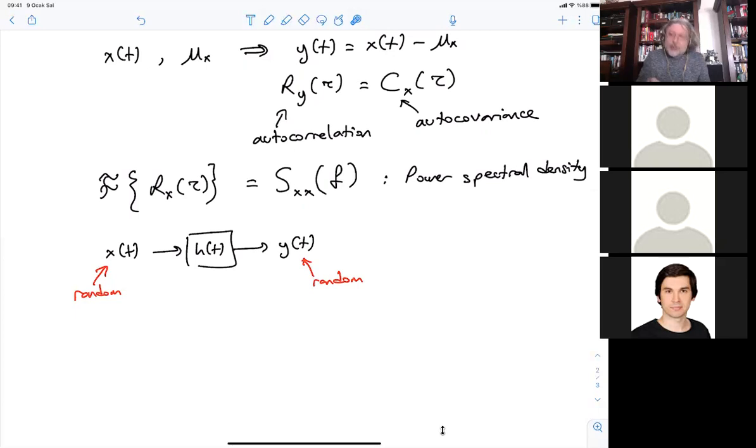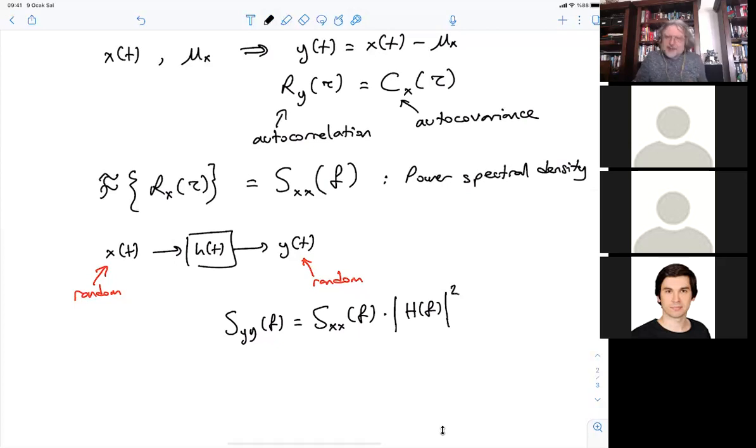These are random, so we cannot do that. Instead, the power spectral density of the output is equal to the power spectral density of the input times the magnitude squared of the Fourier transform of h of t, which is the frequency response.